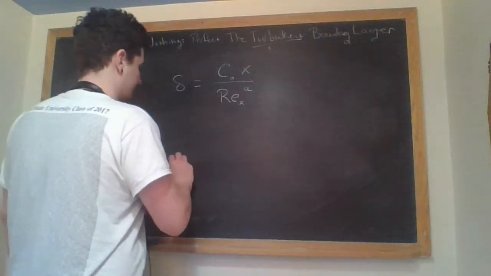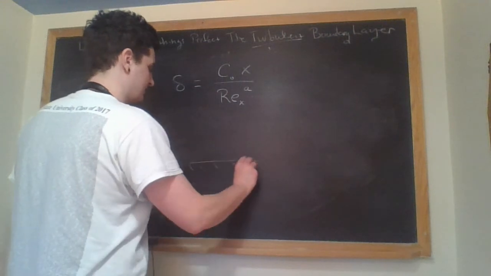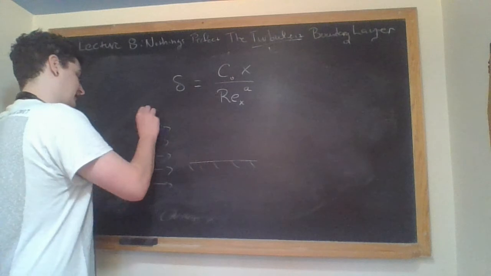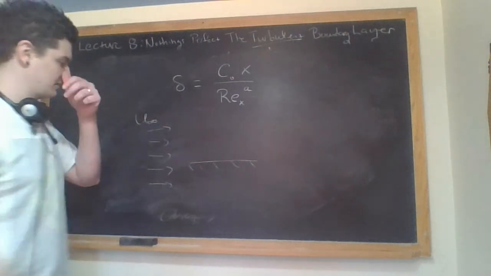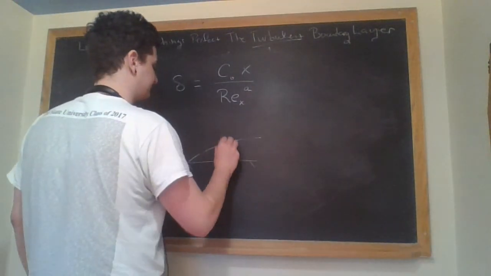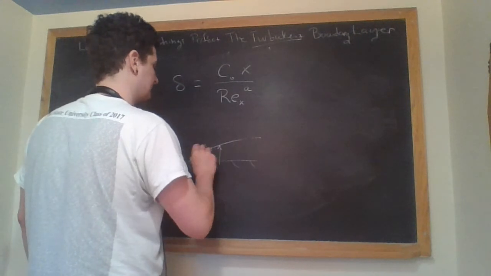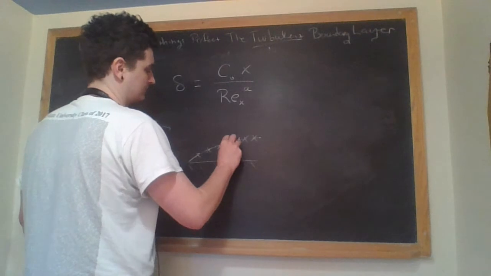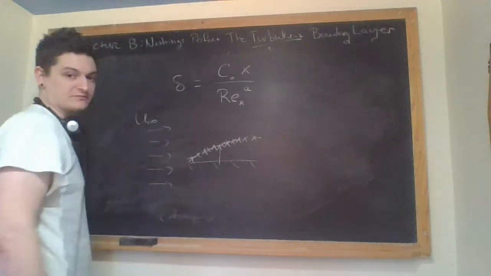So you have a surface, a flat plate, let's say. Okay, here's U infinity. And I'm telling you, you want to actually try and measure this at many points. That's what you're trying to measure.